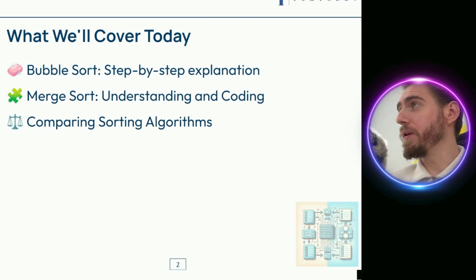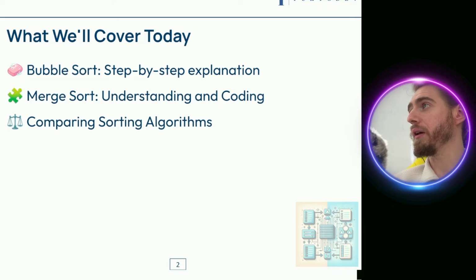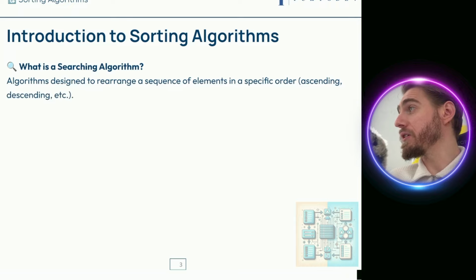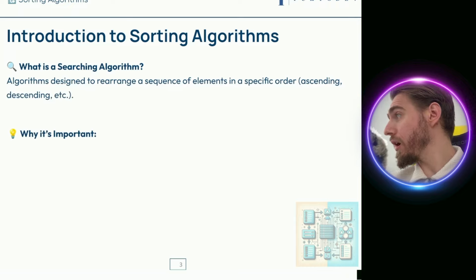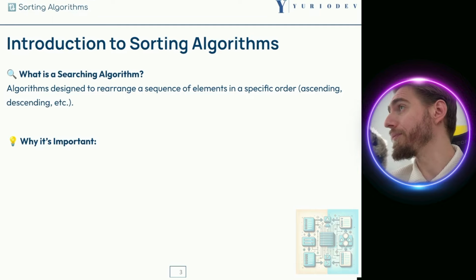As I mentioned before, we are going to work on bubble sort and merge sort, and compare these two sorting algorithms. We'll start with the definition of what sorting algorithms actually are.